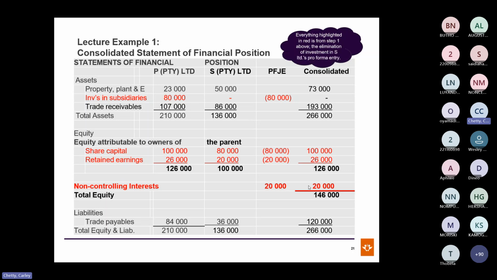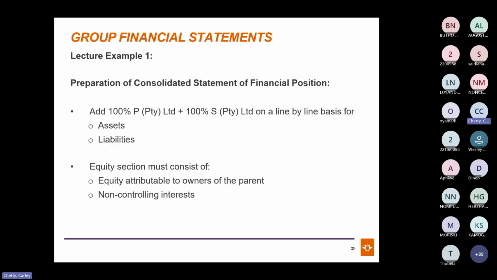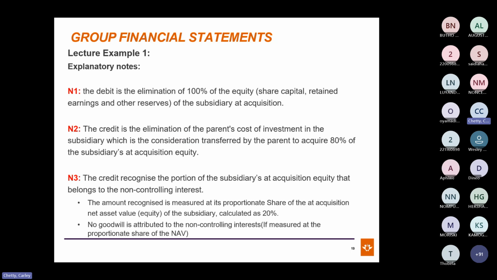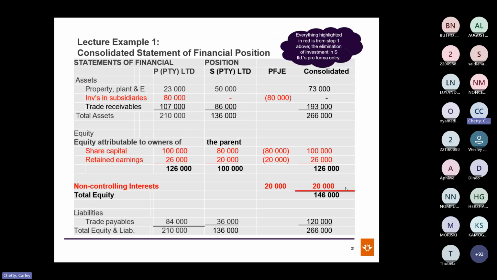Now we need to show what is the equity that is attributable to the non-controlling interest. And it is 20,000. So remember, when we did our pro forma journal entries, we credited non-controlling interest with 20,000 Rand. We were giving NCI their portion of the equity. So we are now showing that in the consolidated statement of financial position.